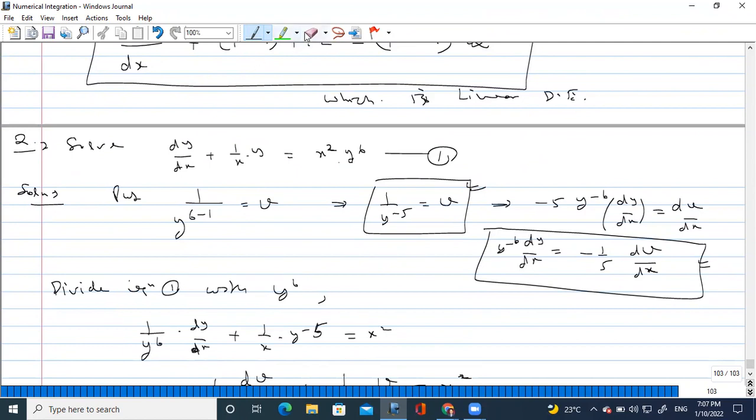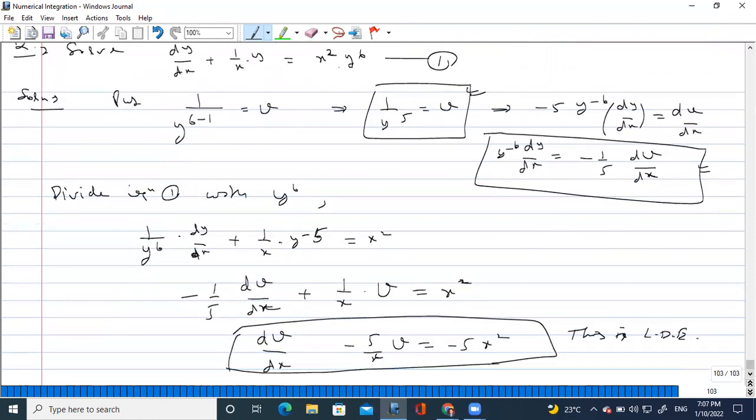Here it is wrong. 1 upon y to the power 5 is equal to v. Okay, so now it is okay. Everything is right now? Okay, note it down.